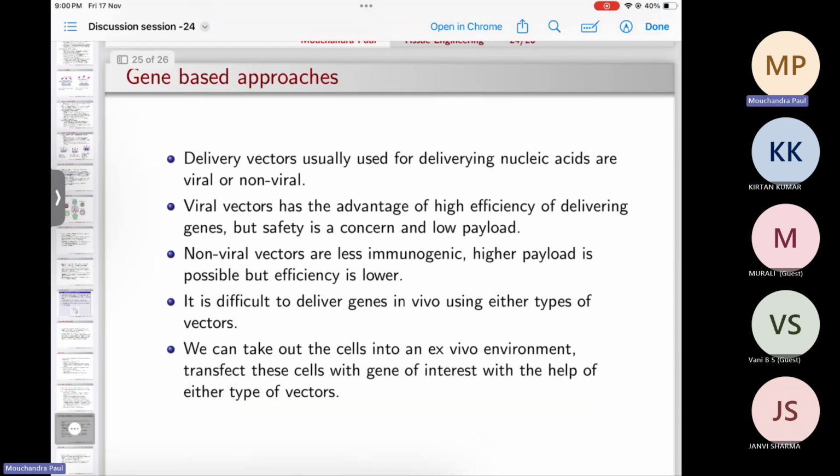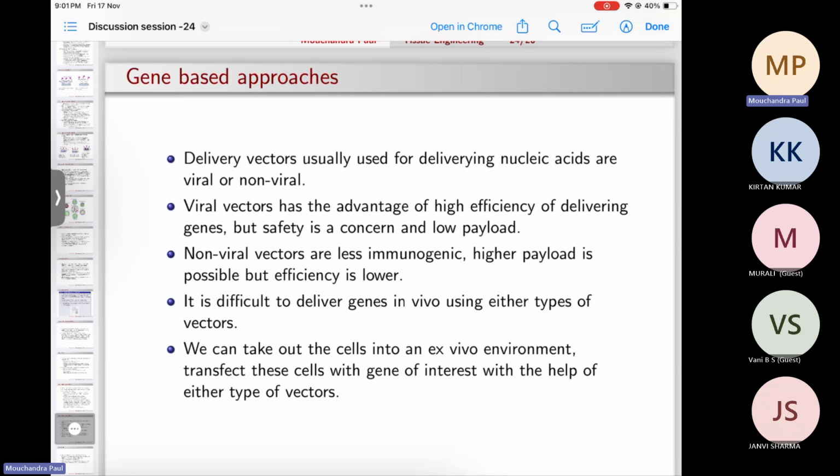Various vectors are basically used to deliver your gene. You can use viral vectors, but the disadvantage of using viral vectors is that safety is a concern. There's always a chance that some mutation in the virus happens and it becomes virulent, although we have previously removed the virulent component.